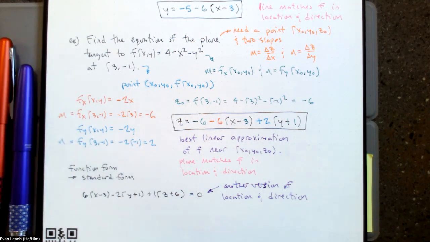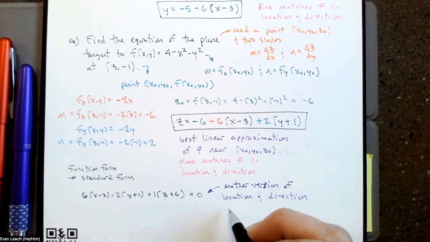We've just got another version of location and direction in this form. We could still see the location the same way: 3, -1, -6.